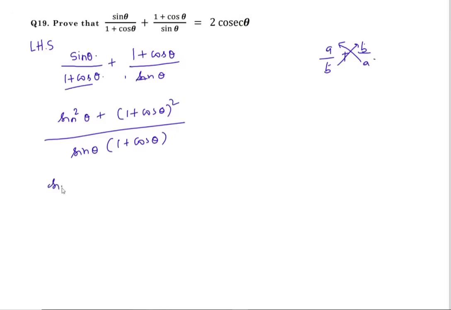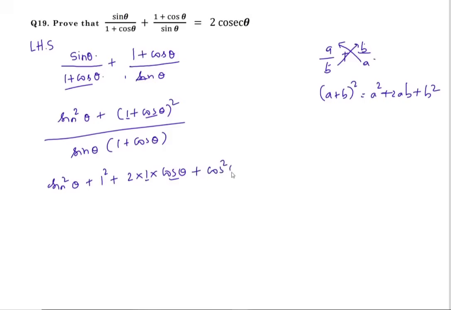Now sin square theta, it is of the form what? A plus b whole square, that is a square plus 2ab plus b square. In place of a I have 1, in place of b I have cos theta, that is 1 square plus 2 into 1 into cos theta, that is 2ab, plus b square is cos square theta, whole divided by sin theta into 1 plus cos theta.